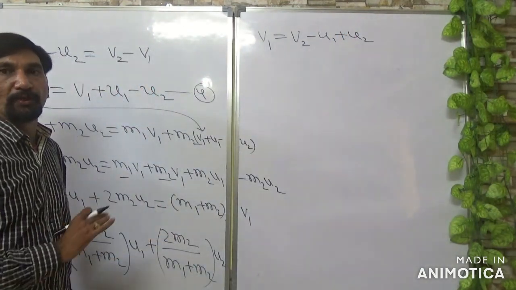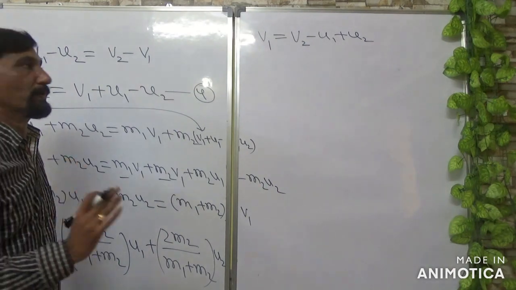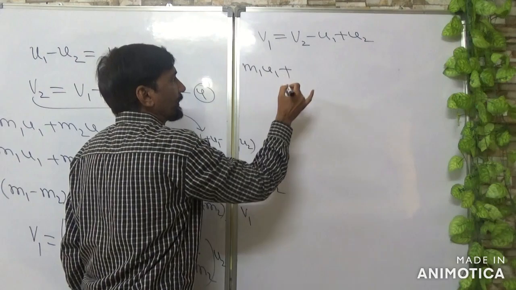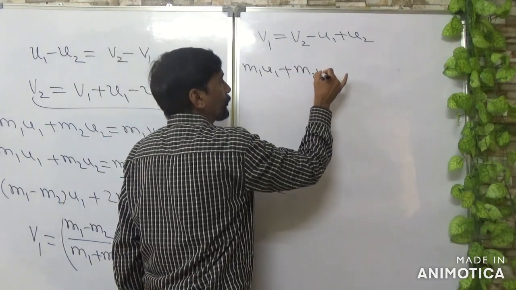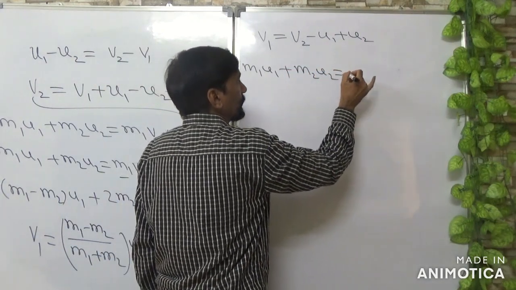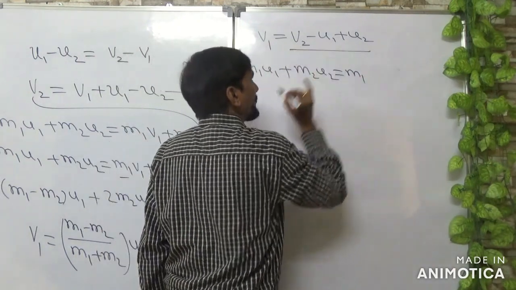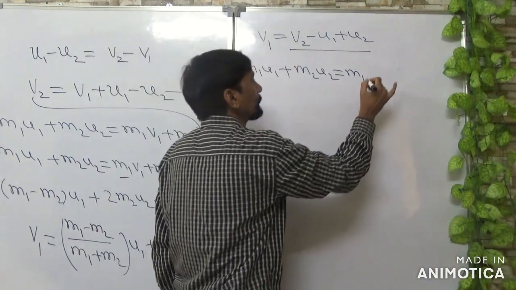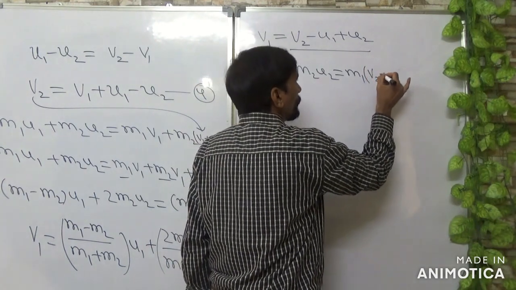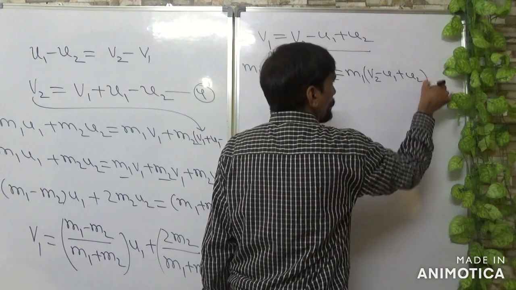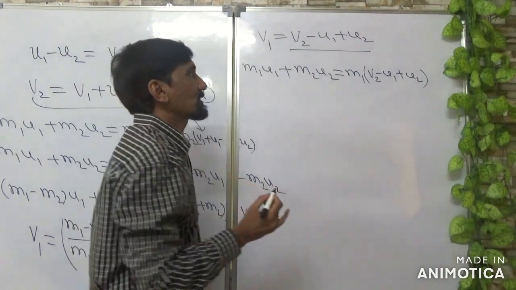Again you substitute in the conservation of momentum: m1 u1 plus m2 u2 equals m1, and instead of v1 you now write v2 minus u1 plus u2, plus m2 v2.